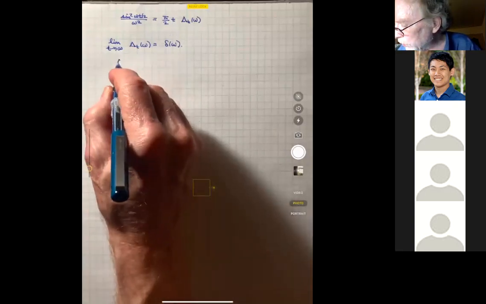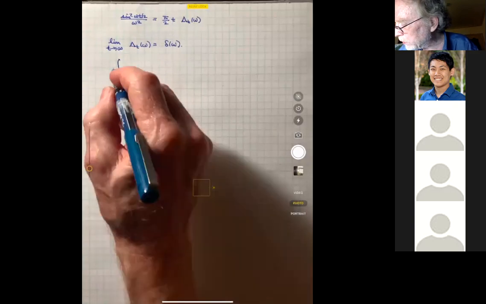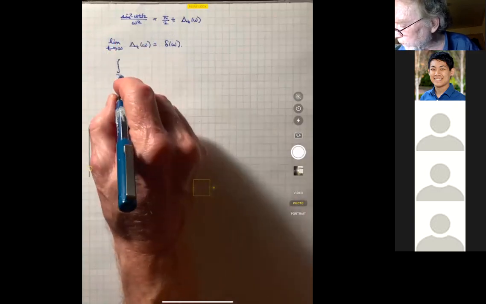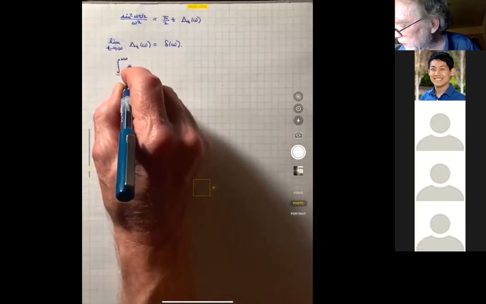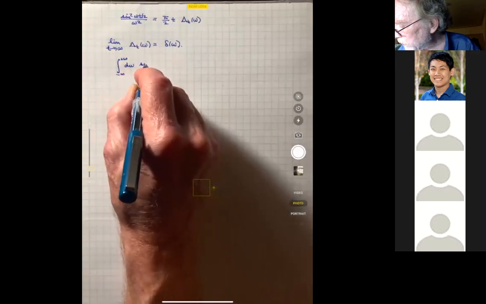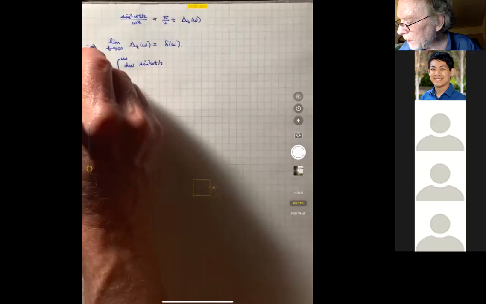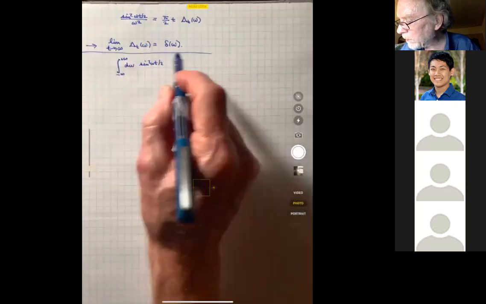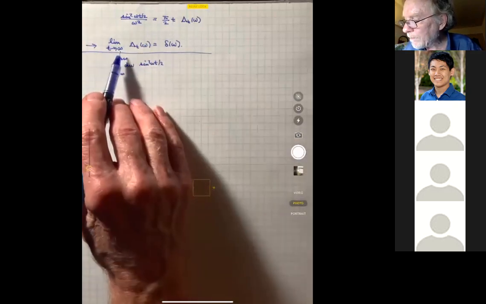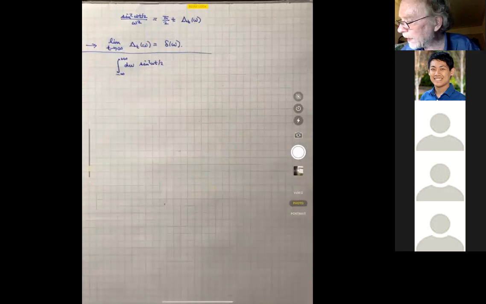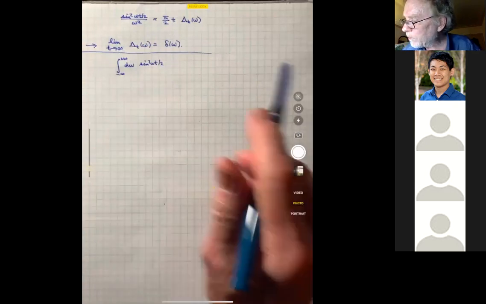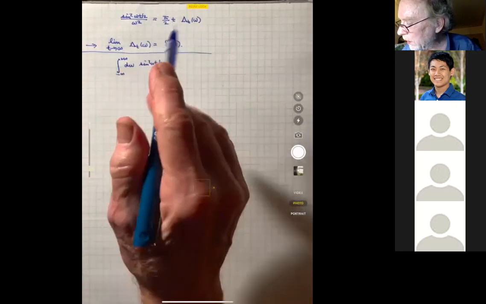Now, to show that this is actually the right answer, what we need to do is to integrate this function from minus infinity to plus infinity, d omega of sine squared omega t over 2 over omega squared. The statement I just made, I didn't derive at all. I just argued that as an order of magnitude, the area was pi over 2 times t.